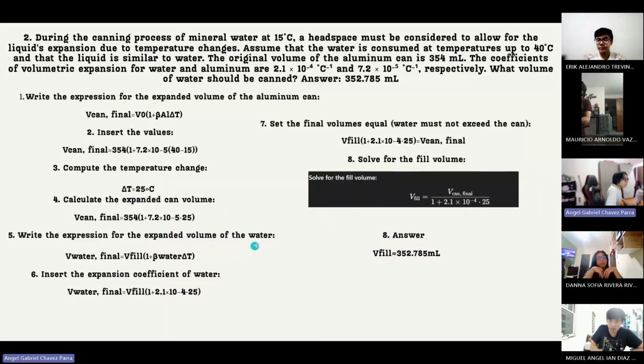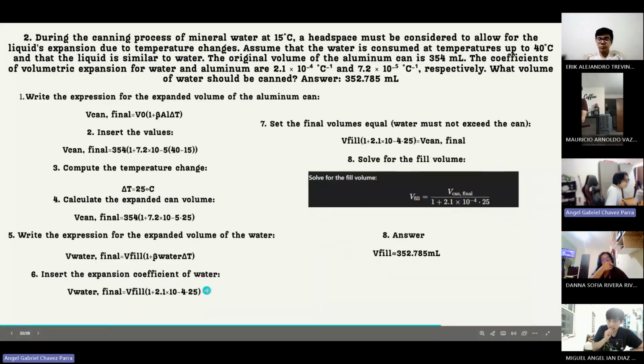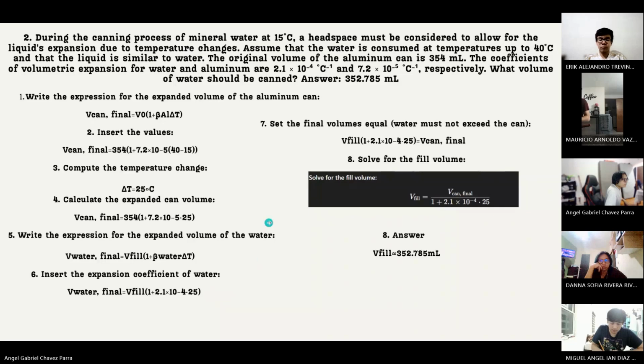Step 5: write the expansion for the expanded volume of the water: V_water final equals V_fill (1 plus beta_water delta T). Step 6: insert the expansion coefficient of water. Step 7: set the final volumes equal, since the water must not exceed the can.